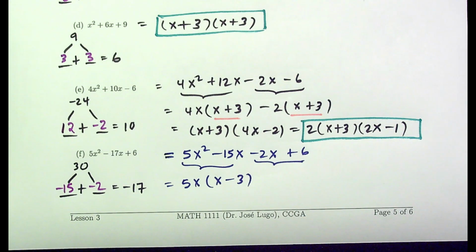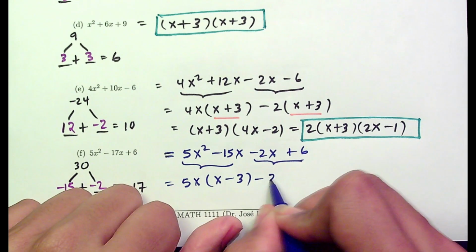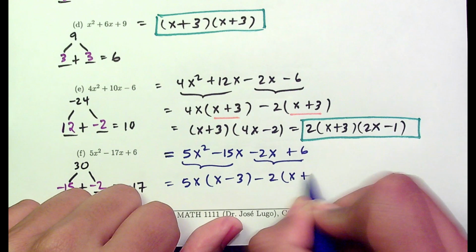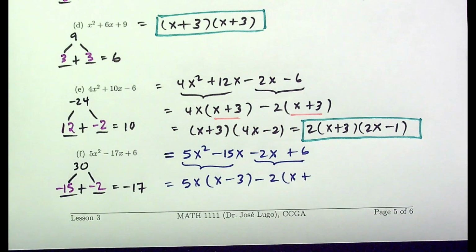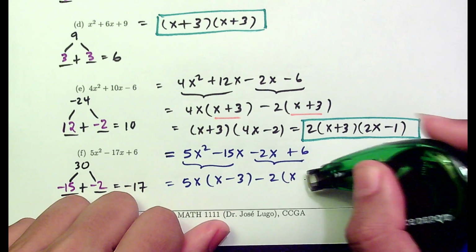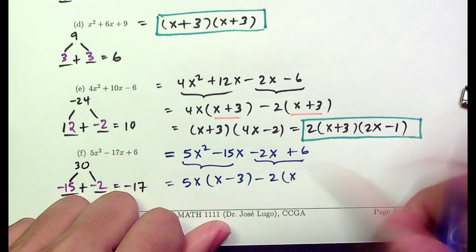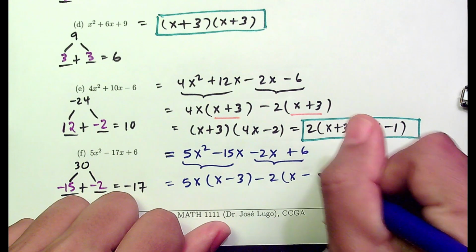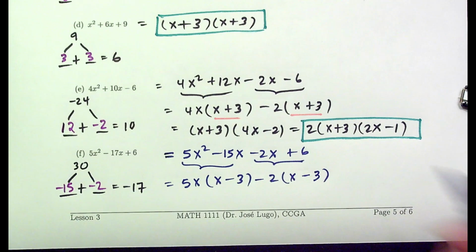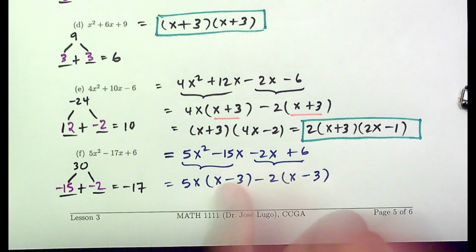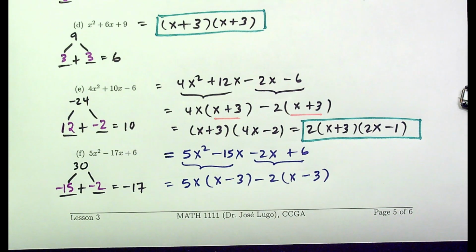And then from the last two, you have a 2 that is common. Pull out the minus with you. So minus 2, x, and that should be a minus 3 because 2 minuses is what's going to give you back a positive 6. And also, I would have noticed that there's something wrong if I had written plus.